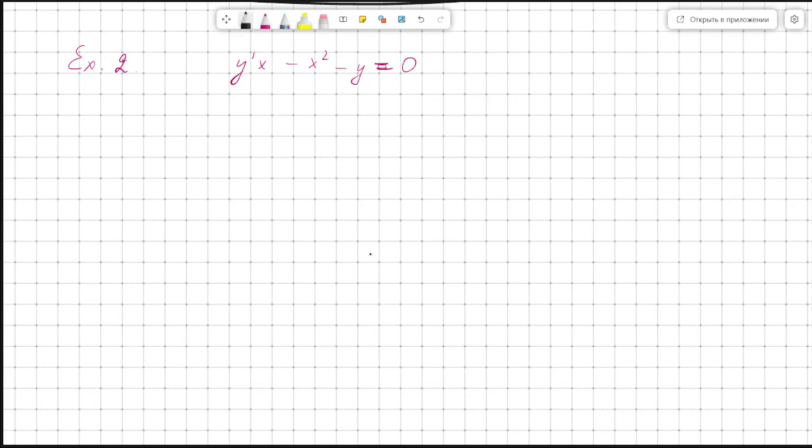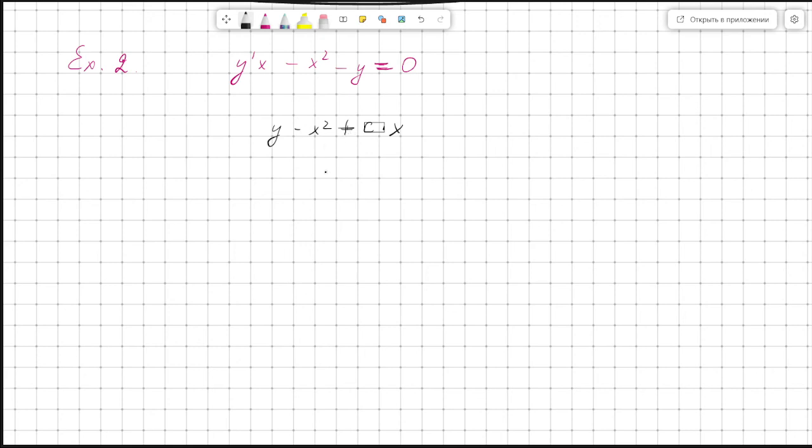Its solutions are all functions of the form y is x squared plus c times x, where c is any constant.